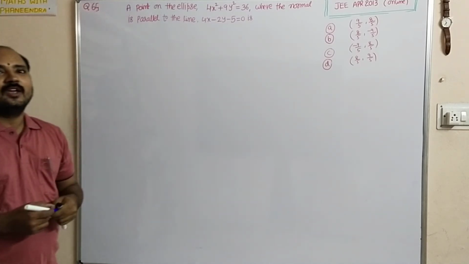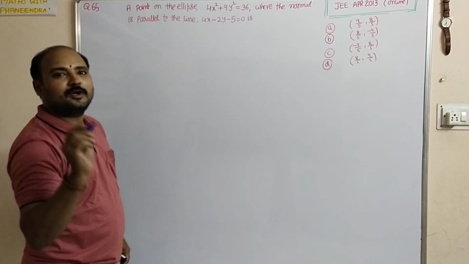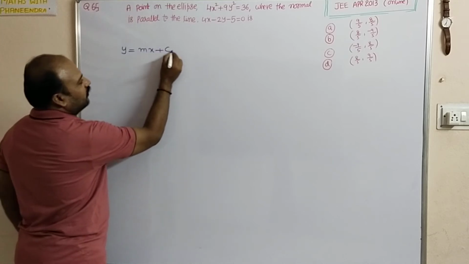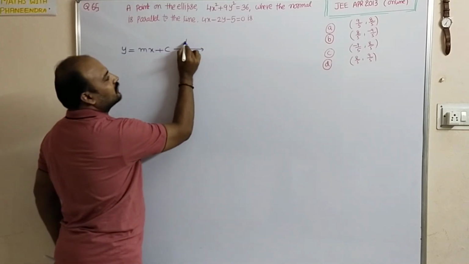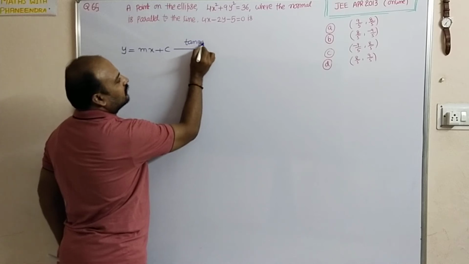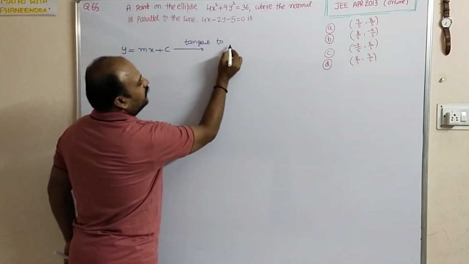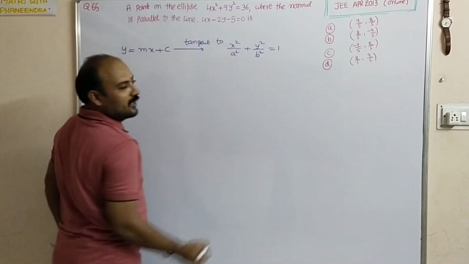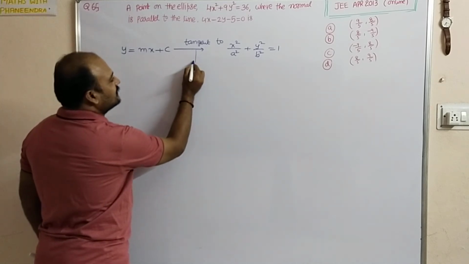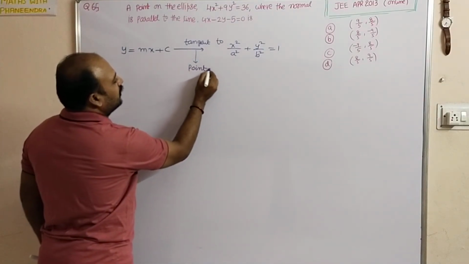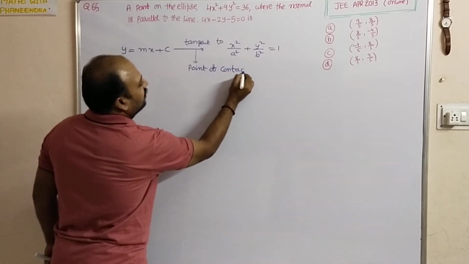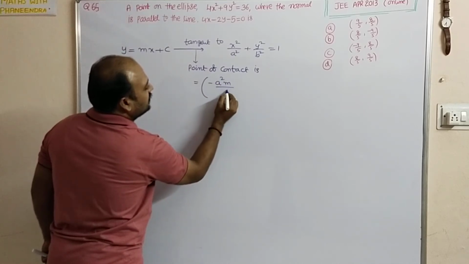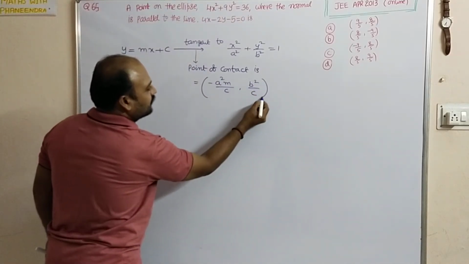Here we know one of the point of contacts: when the line y is equal to mx plus c is tangent to ellipse x square by a square plus y square by b square is equal to 1, then the point of contact is (minus a square m by c, b square by c).